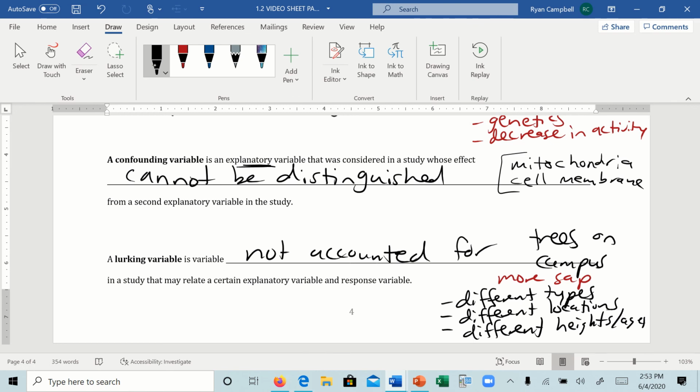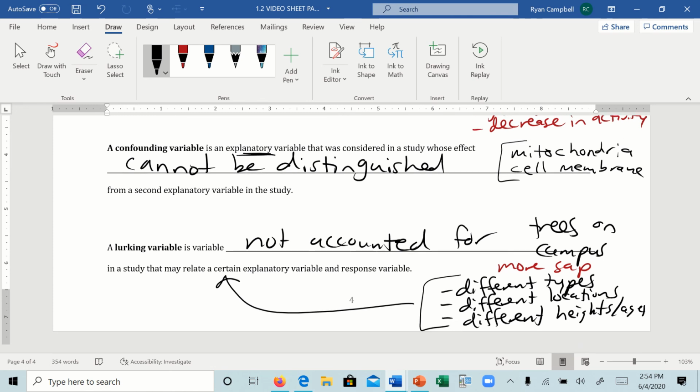You're just looking at trees, and then you're asking who has the most sap. Because you're not taking any of these into account, these would all be lurking variables. These are ones that are not accounted for. And that's why we try to have control variables. That's why we try to eliminate as much variation as we can between different subjects.